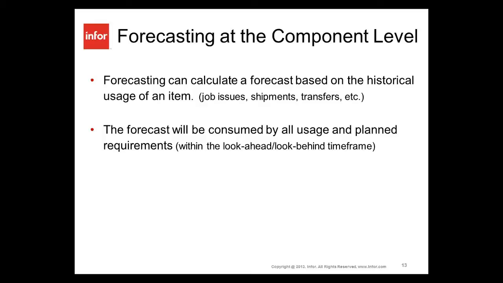What happens is the SyteLine forecasting application takes over the consumption logic from SyteLine, so it is actually the usage of an item that consumes its forecast, as opposed to standard SyteLine that consumes a forecast by selling an item. This all works similar to the way that the SyteLine consumption works, in that there's look ahead, look behind parameters that you set up to control how the forecasts are consumed.